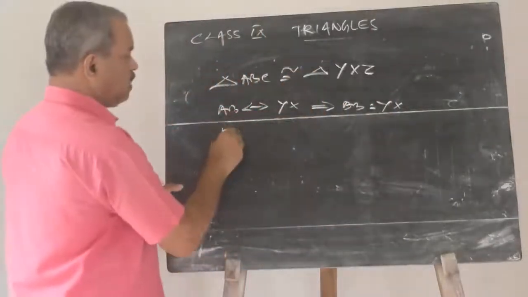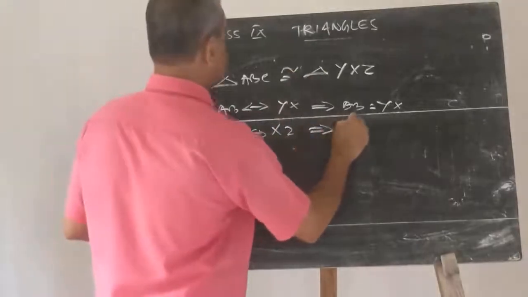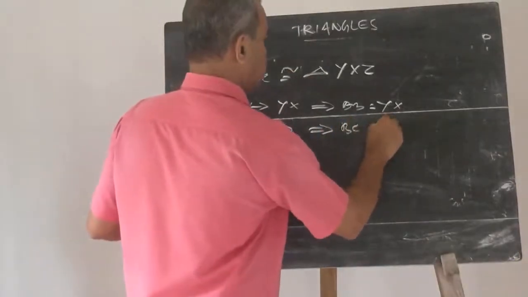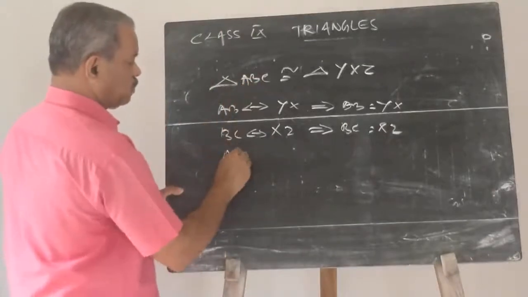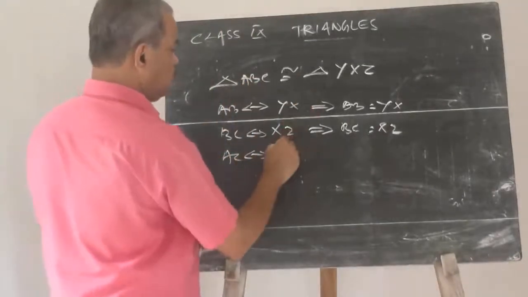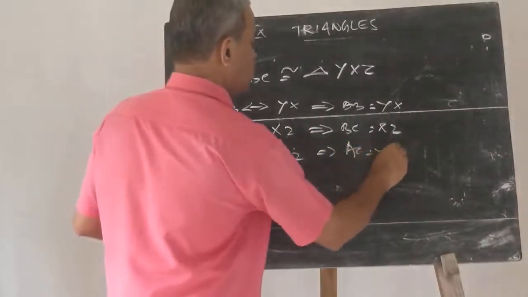BC corresponds to XZ gives BC equal to XZ. AC corresponds to YZ gives AC equal to YZ.